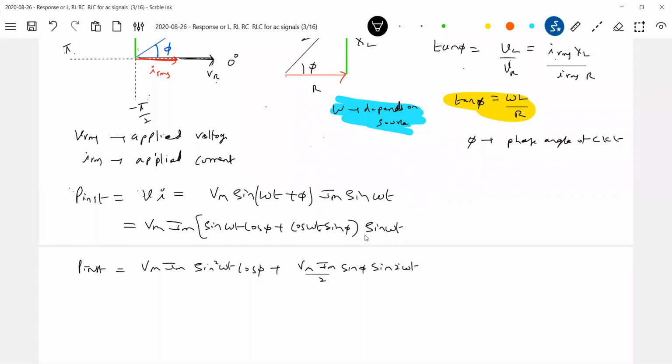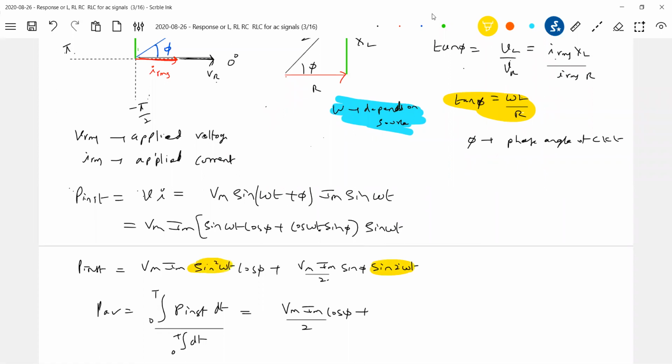Okay, let's go for the average of this. Whenever we want average power, I'll calculate for one cycle. Now, what is the average value of sine square omega t? 1 by 2. So this will become Vm Im by 2 cos phi. What is the average value of the second term? Vm Im by 2 sine phi is constant. But what is the average value of sine 2 omega t? It will be 0.